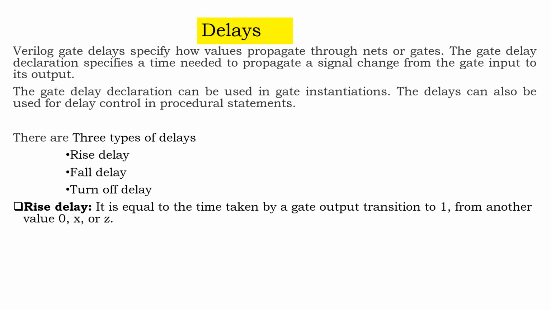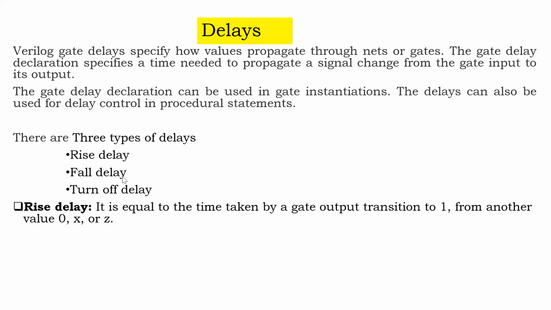So we have four values: logic 1, logic 0, X and Z. Rise means 1. Suppose any signal at the output rises to 1 from some value.